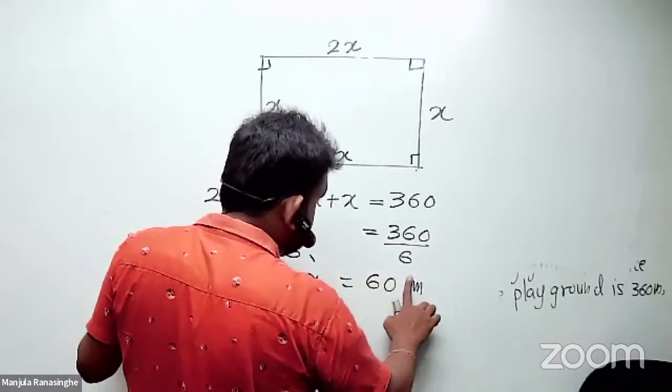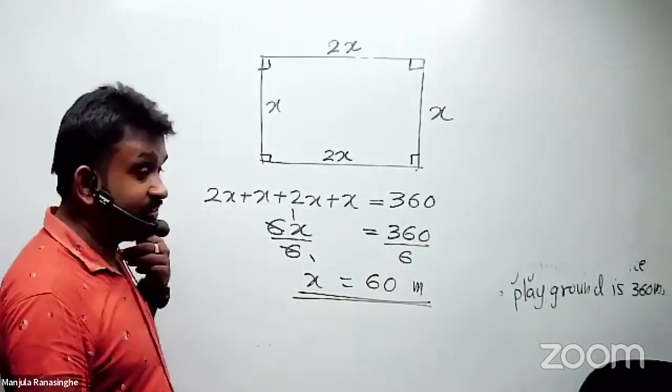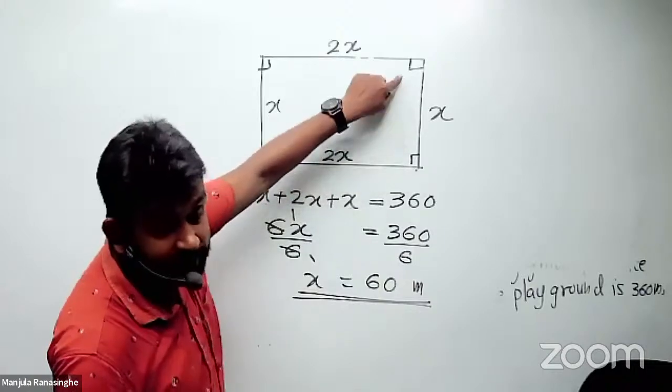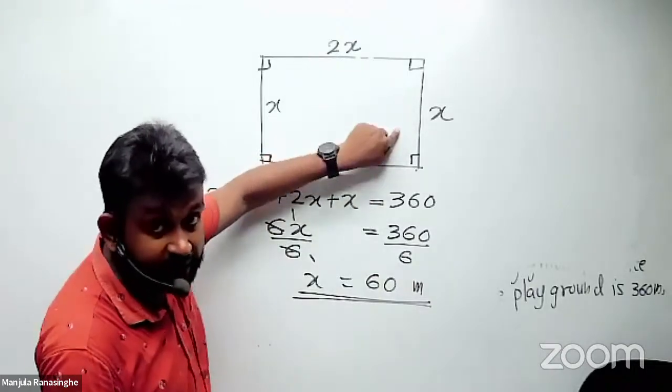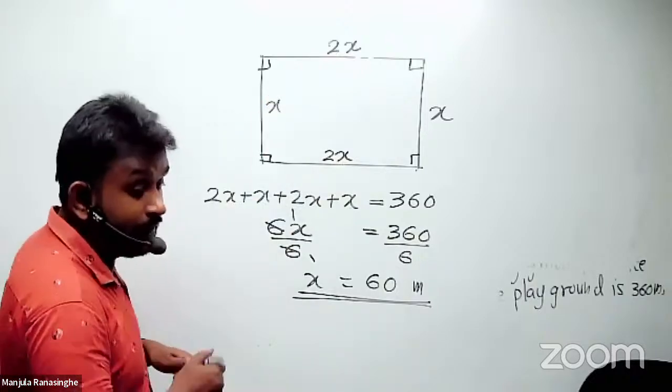Units are meters, so x equals 60 meters. What is x? x is the breadth of this rectangle. So what is the length? Twice that.